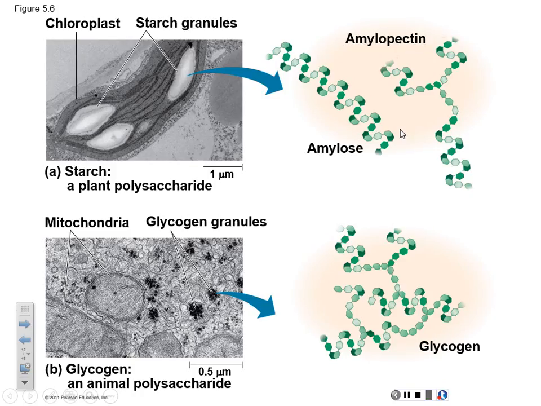Starch is just a fancy word, a not so fancy word actually, for a long chain of sugars. That's the polymer that's going on here. It's just a long chain. If the chain has some branches in it, we'll call it amylopectin. If it's just a long straight chain, it's simply called amylose. If it has a whole bunch of branches in it, it's called glycogen.